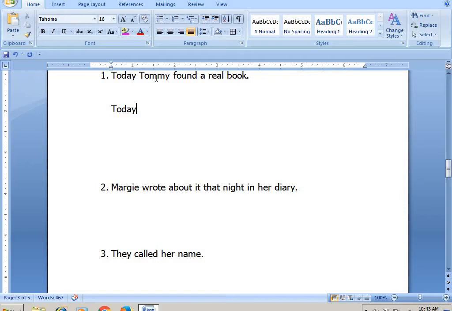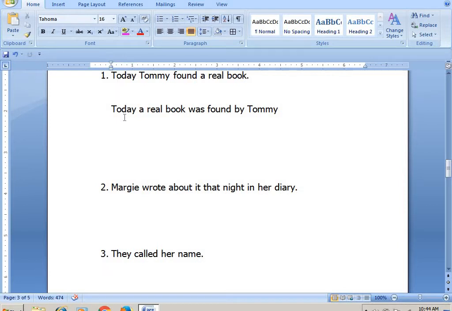Tommy is a subject, it will become the object, but the object, a real book, will become the subject. Therefore, we write: Today a real book was found by Tommy. Okay, students, you get it?